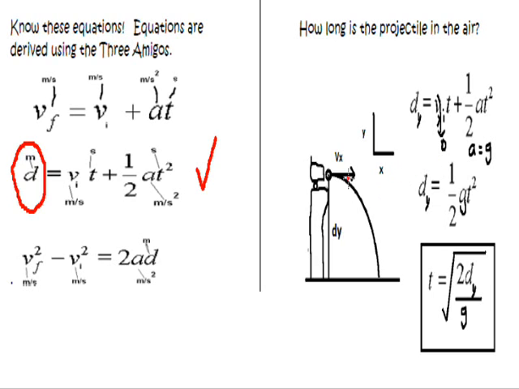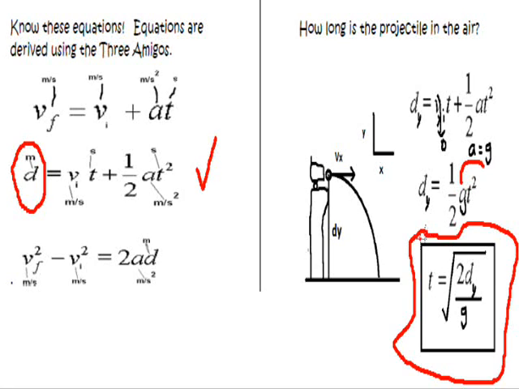We know that's 0 because there's only a horizontal component, times the time plus 1/2 at squared. So the first part is 0, and we know that the acceleration is due to gravity, so we substitute g there. Then we use a little bit of our algebra skills, and we wind up with the equation t equals the square root of 2dy divided by gravity.